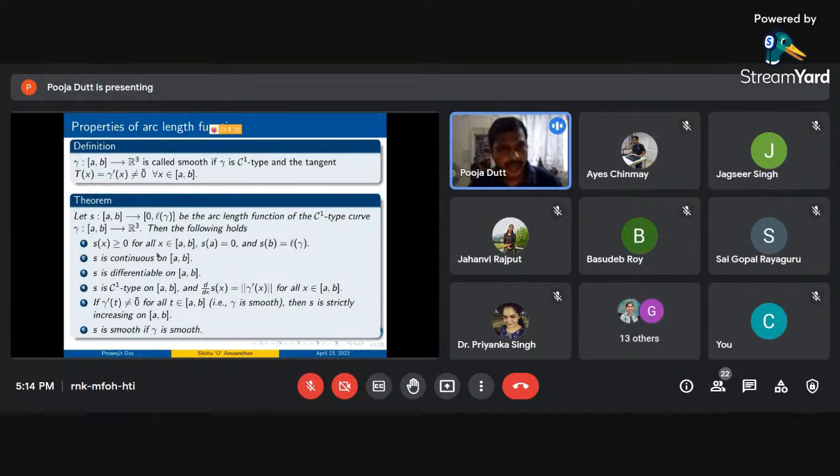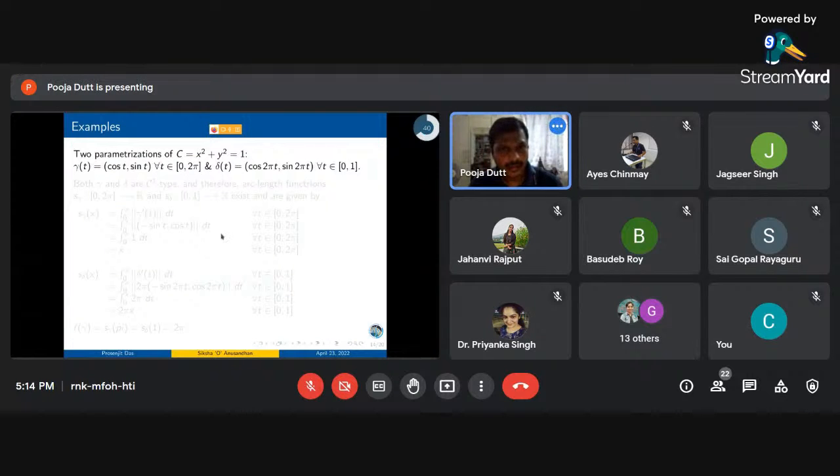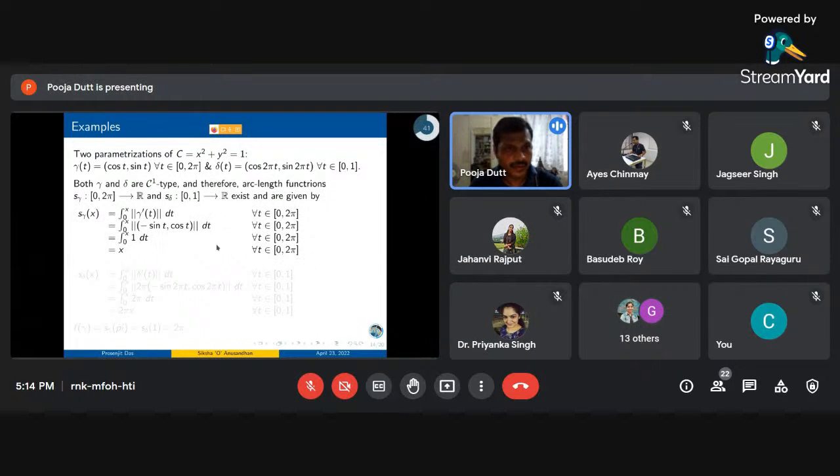With this, we can calculate for some of the curves you already came across. One is the circle, and one can check that its derivative is minus sine t, cos t, and hence the arc length S gamma, if you calculate, is the integral from 0 to x of the norm of the tangent dt.